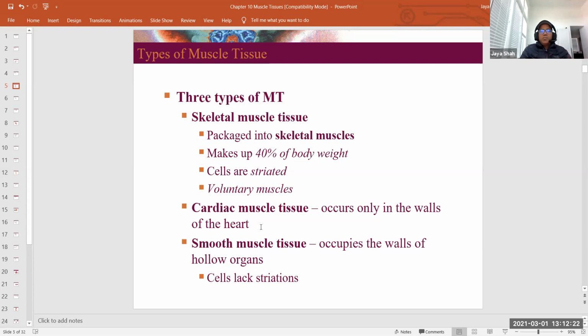So they are similar to smooth muscle tissue in being involuntary. Okay. Smooth muscle tissue occupies the walls of hollow organs. For example, walls of the GI tract, the urinary tract, the reproductive tract, and the respiratory tract. In those walls, you have smooth muscles. Smooth muscles lack striations. They look smooth under a microscope. That's why we call them smooth.